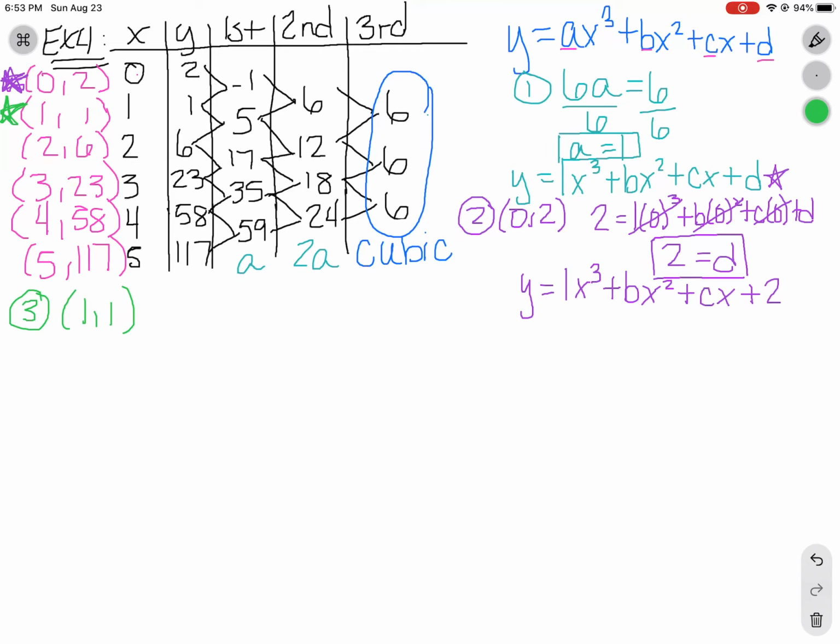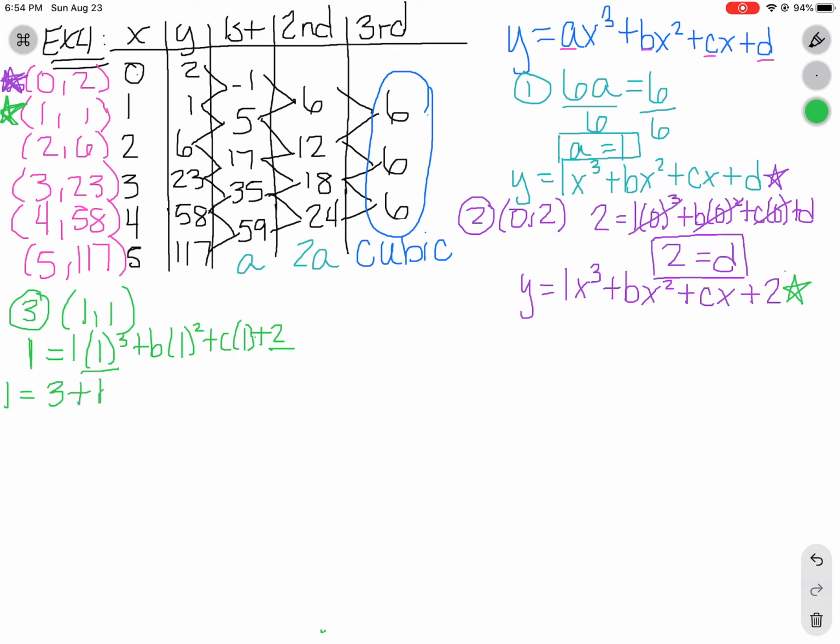So first we're going to plug in 1, 1 to this equation. So y is 1, and x is 1. So 1 times 1 cubed plus b times 1 squared plus c times 1 plus 2. So this gives me 1 equals, this is 1 plus 2, which is 3.